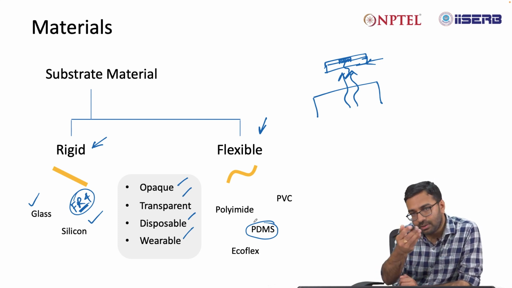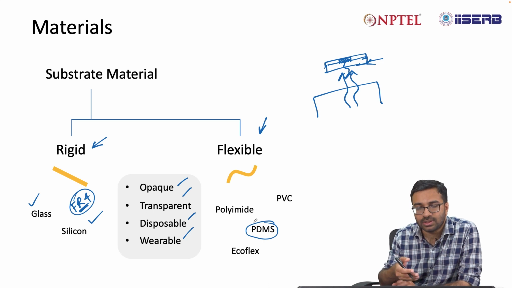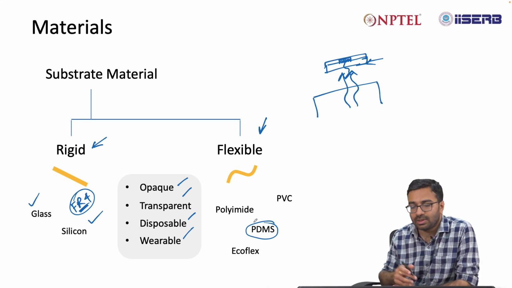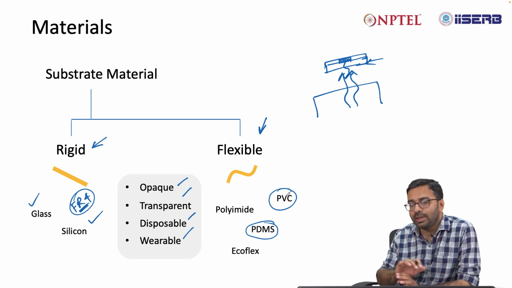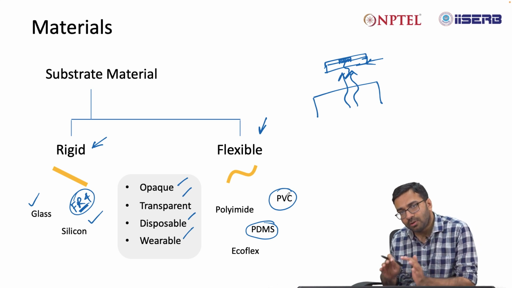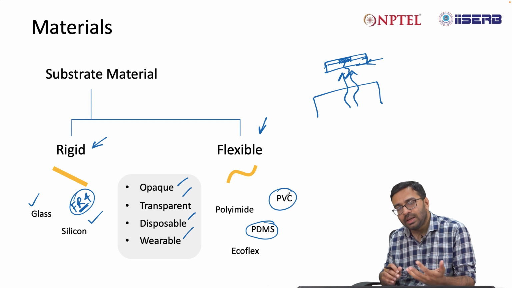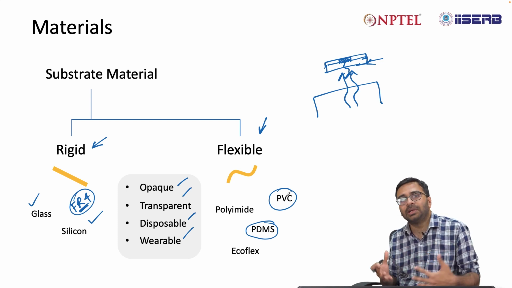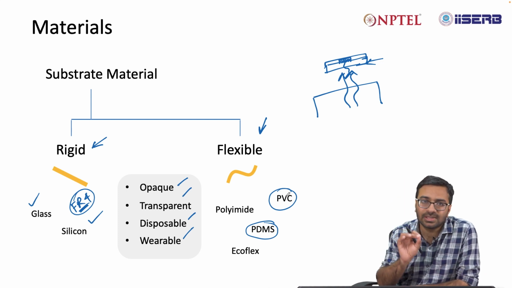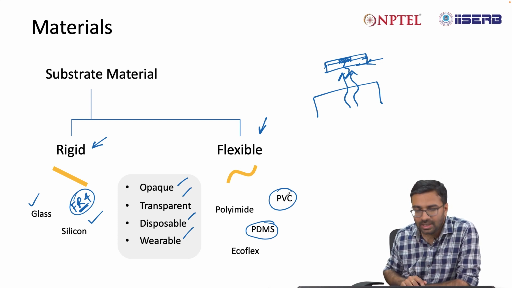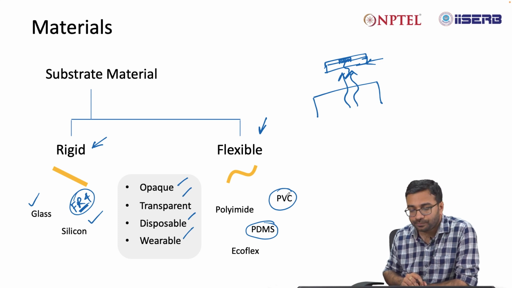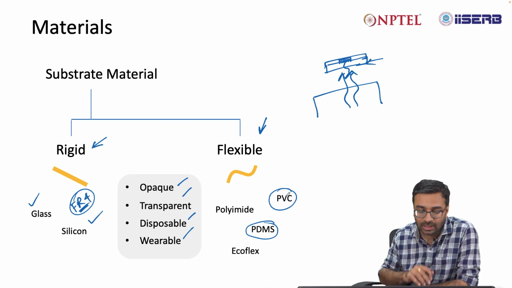You can very quickly go to the internet and search what is the full form of PDMS, what is the full form of PVC. I am not going into that detail, because the purpose of this lecture is to give you an idea about different material considerations and some examples of different materials. PDMS and PVC are well-known acronyms in this regard.